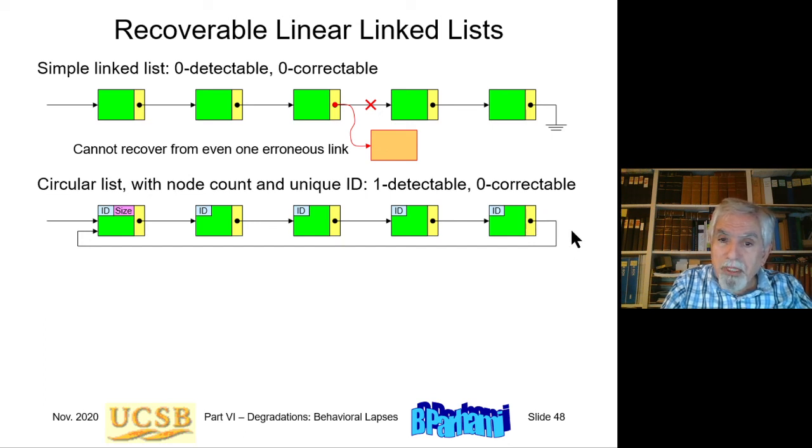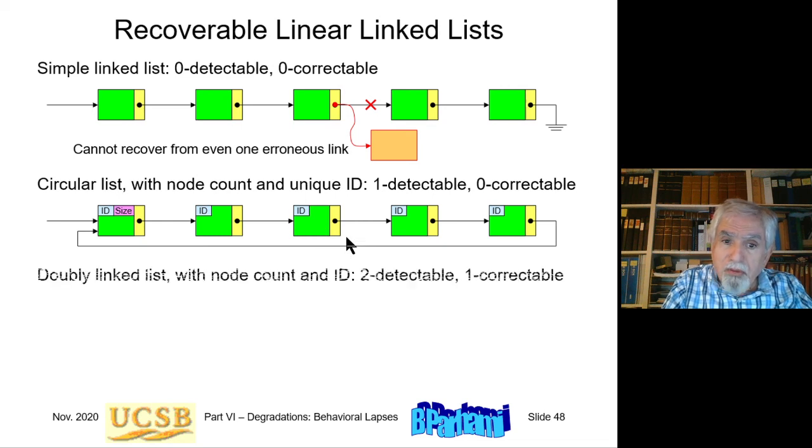Also, if you make it into a circular list, then this will be one error detectable. Okay, you also store the node count here so that if one of the links is corrupted and points to somewhere else, you can detect that.